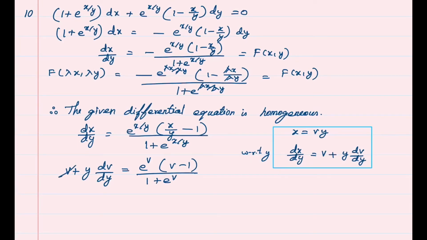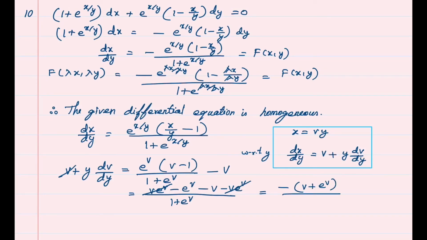We will take this v term to the other side and take LCM. 1 plus e power v is v e power v minus e power v minus v minus v e power v, which is minus v plus e power v divided by 1 plus e power v.